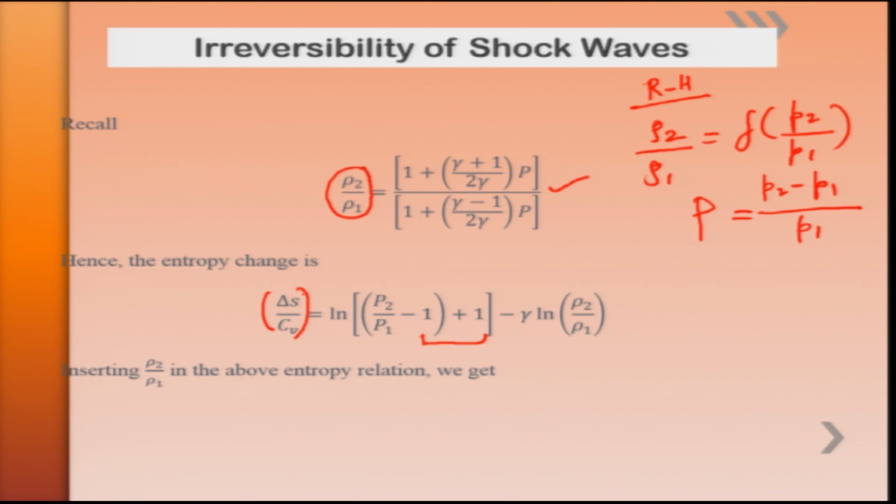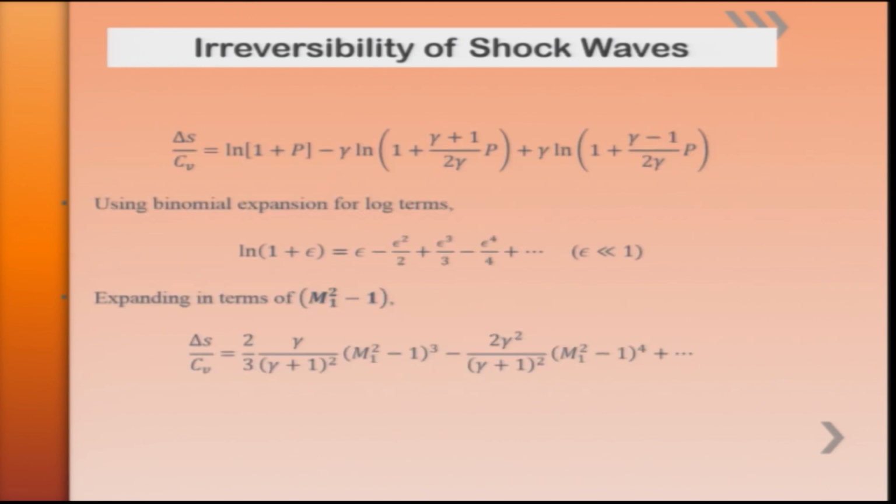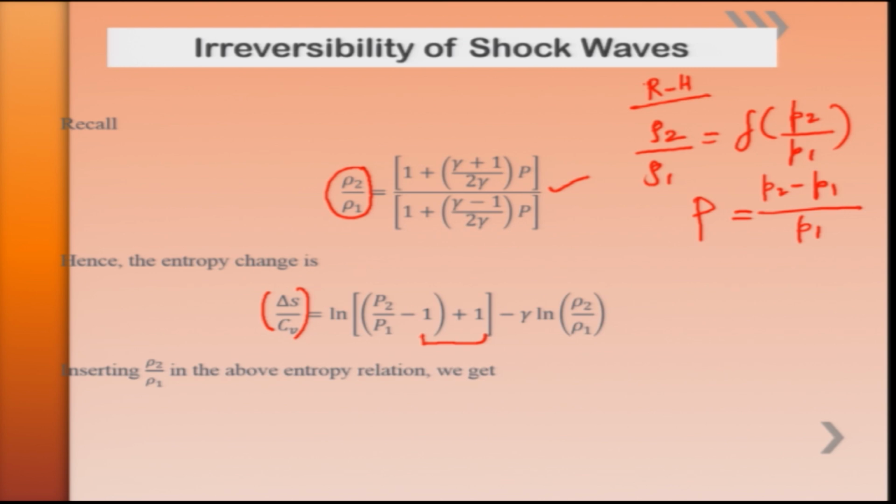In doing this exercise, we obtain an expression of the form ln of 1 plus x, where x is a variable. We can expand it as a logarithmic series, because this is essentially ln of P2 by P1, but I am interested in having capital P, which is our strength of the shock.